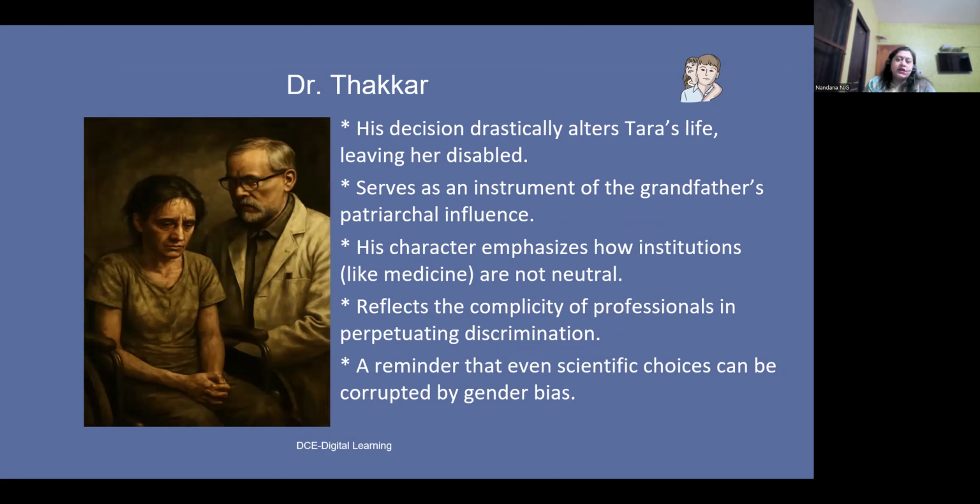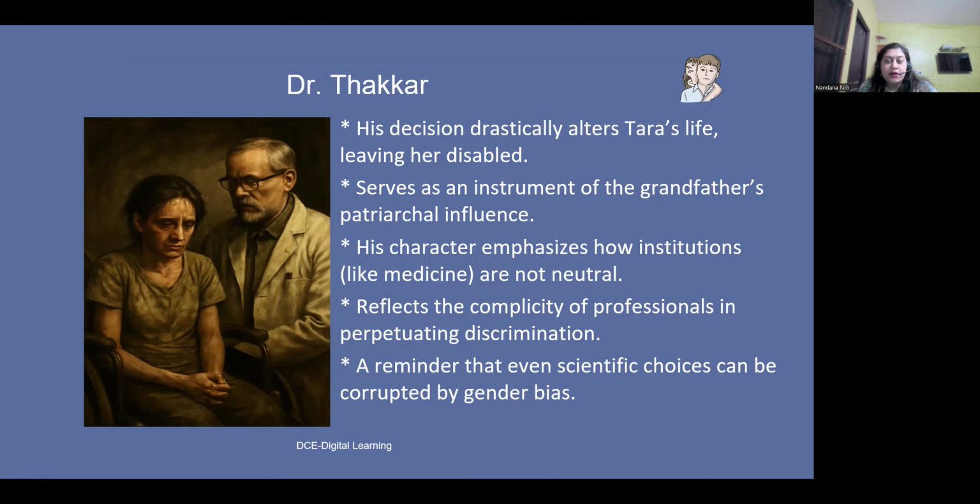In fact, we can say that Dr. Tucker plays God. He is the one who does the surgery, knowing very well that by giving the healthy leg, which had a better chance of attaching itself to Tara, to Chandan, who did not have much of a choice, he is in fact ruining Tara's life. He knew that, but still he went ahead with that surgery.